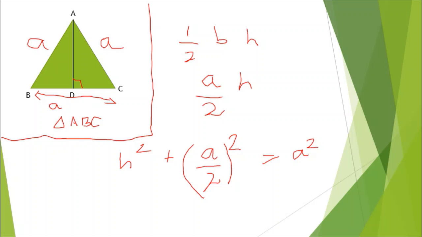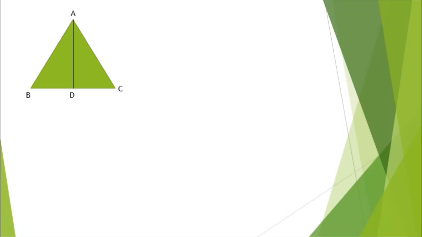And now we'll substitute. So height square plus A by 2 whole square, which can be written as A square by 4, is equal to A square. Now height is a constant variable, whatever you want to call it. So we take this to the other side so that you can subtract it simply.